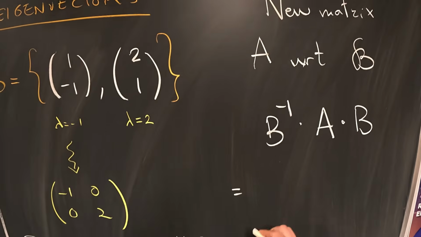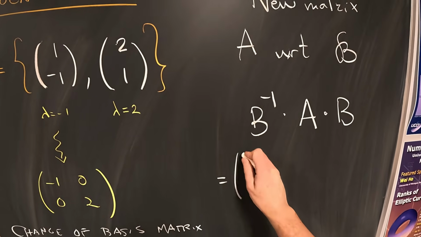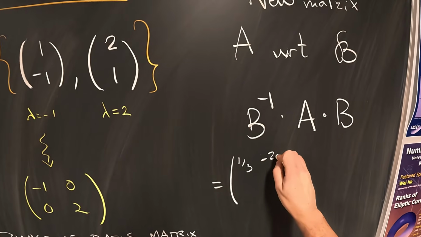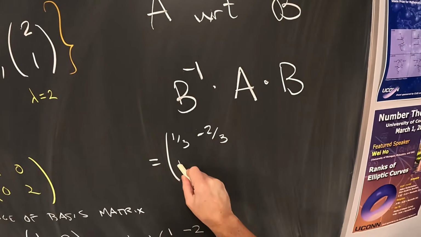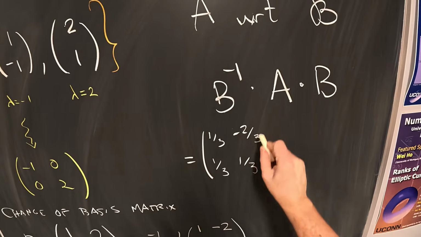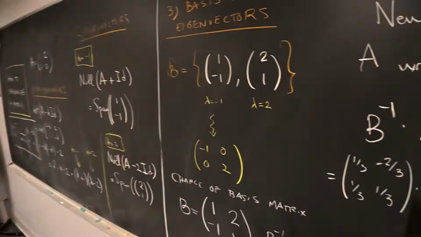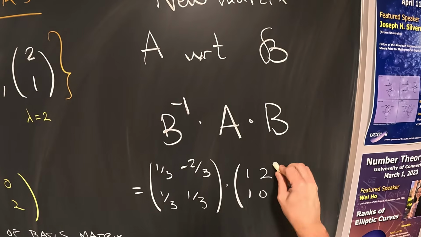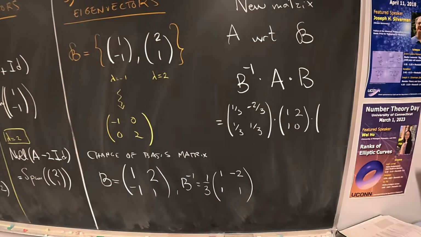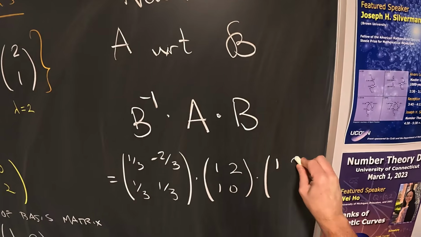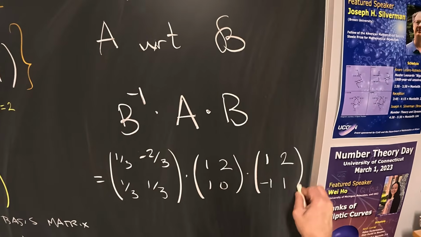So if I write that, it is the inverse, a third, minus 2/3, 1/3, 1/3, times my original matrix 1, 2, 1, 0, times the change of basis matrix, which is 1, 2, minus 1, 1.